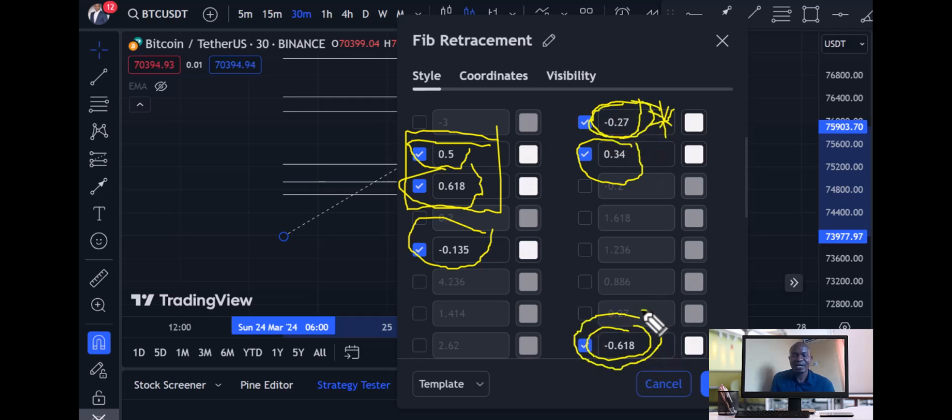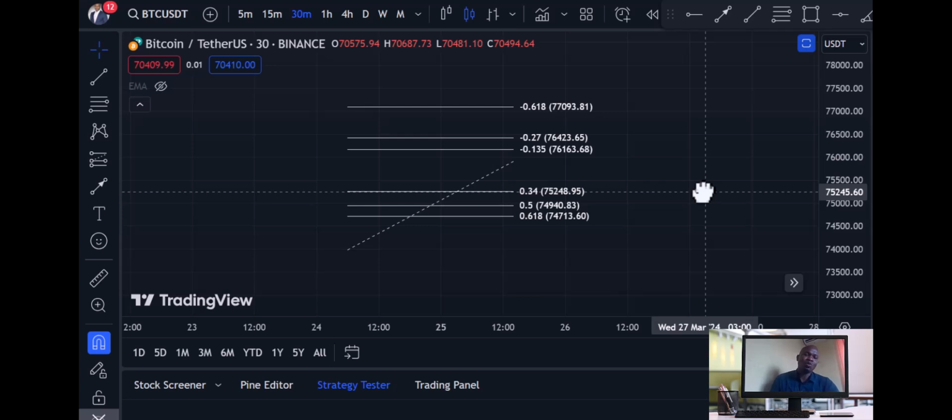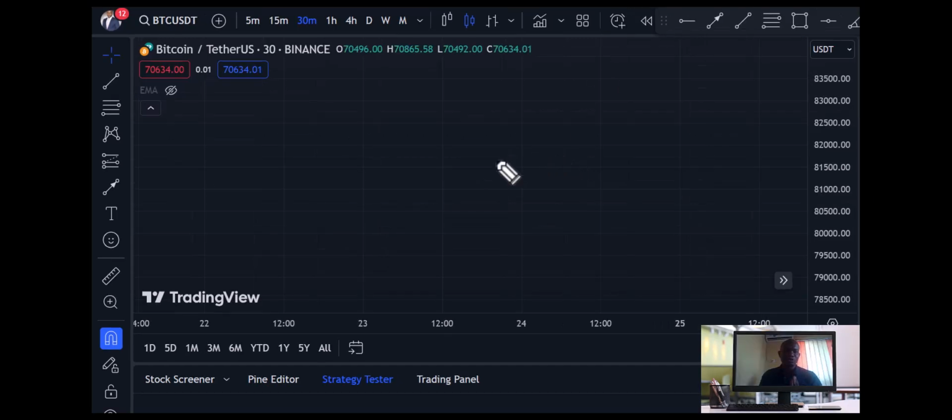So the main tool for retracement is these two levels, and for extension it is minus 0.27 and minus 0.618. The most important thing is, when do you draw your Fib and how do you draw it? The best way to draw a Fib without running into trouble, and expecting a retracement and extension, is on the first impulse.